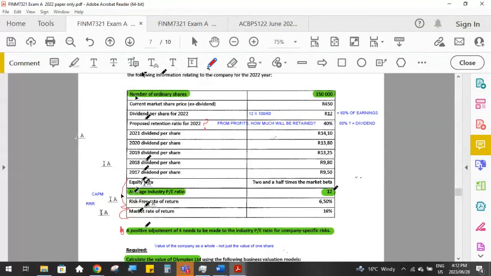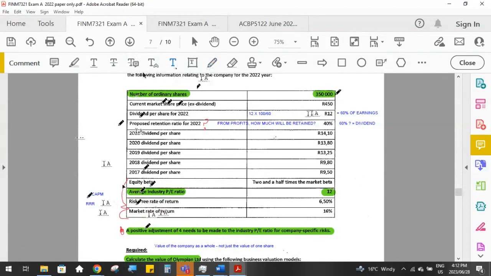And then the other information that they've given me here, I've got the current market price. Okay, so my current market price is P0, or the price at time 0, but that's what it's currently trading at. Dividend per share for 2022. So that means this last dividend, the latest dividend that has already just been paid.